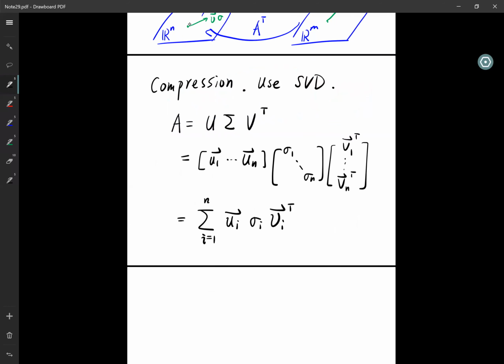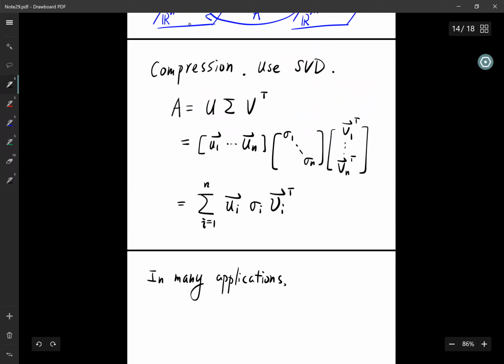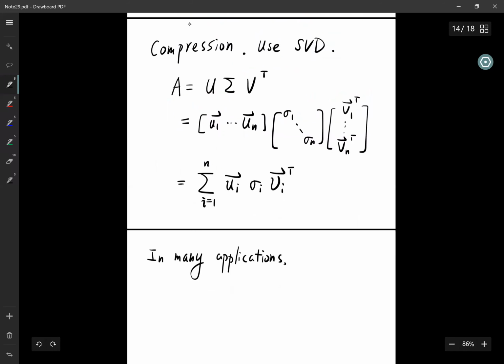Okay, so in many cases, the sigma i's, not all of them are very big. The sigma i can be very small, smaller than a number, let's say epsilon, for all i that is bigger than k.